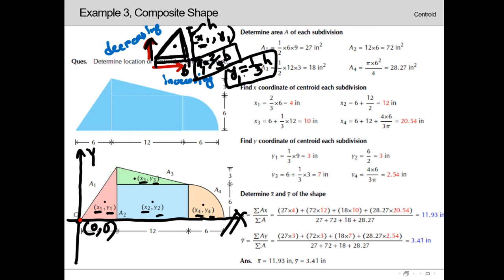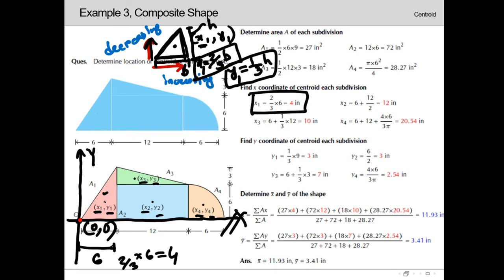Okay, so for this case, this is segment 1, we need to find the value of x1 and y1 first. The total length along the x-axis is given as 6. Along the x-axis this segment 1 is increasing, so it will be 2/3 of 6, which is 4. So the value of x1 is 4.